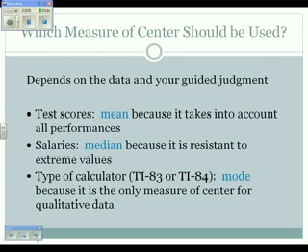I mean, they're kind of different features to them, but one's not necessarily better than the other.